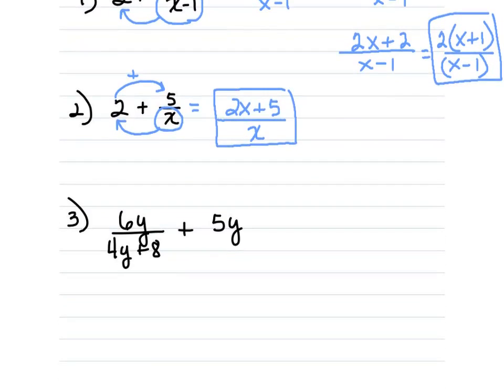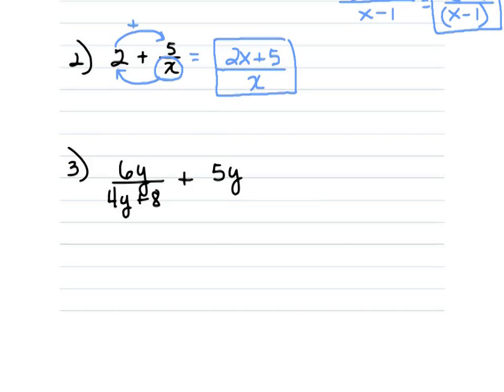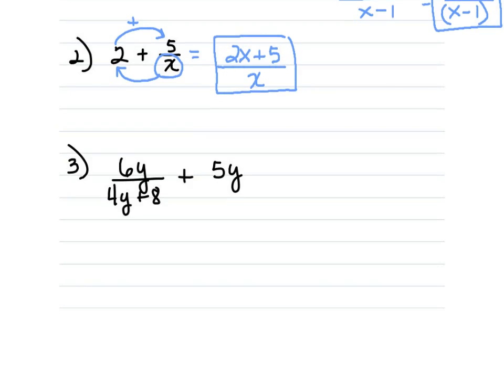Okay, so this one looks a little bit different only because it's in a different order, but it's the same basic rule. You'll take the denominator times 5y. So let's write that down, and I'll write it this way. Sorry about that. 5y times 4y plus 8.